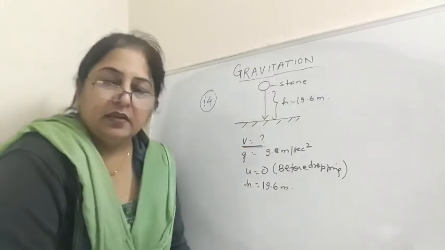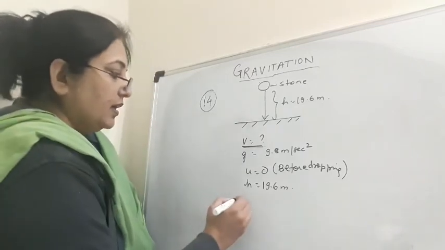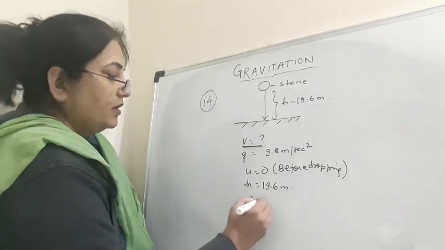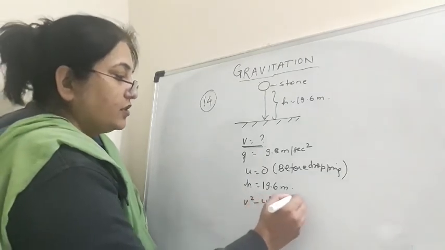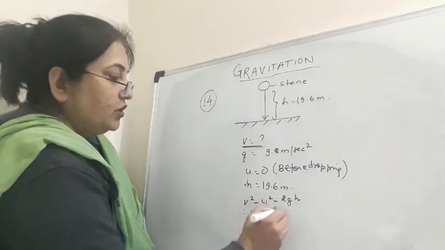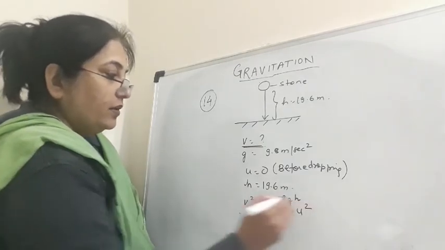So we will apply here the third equation of motion, that is v square minus u square is equal to 2gh. Therefore, v square is equal to 2gh plus u square.